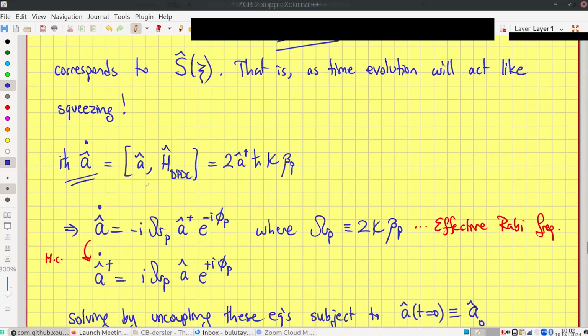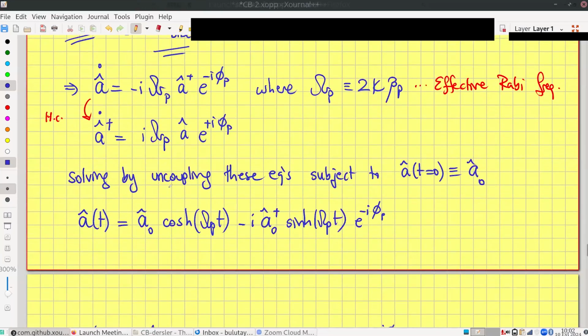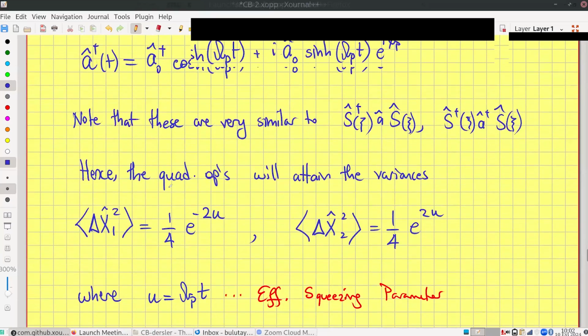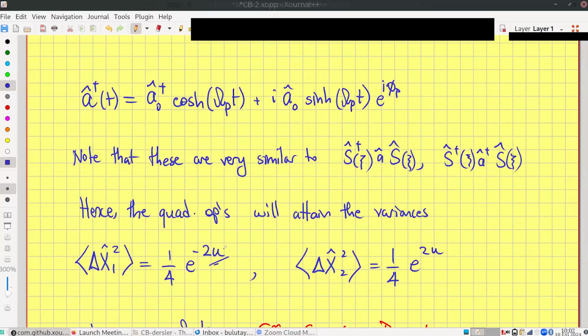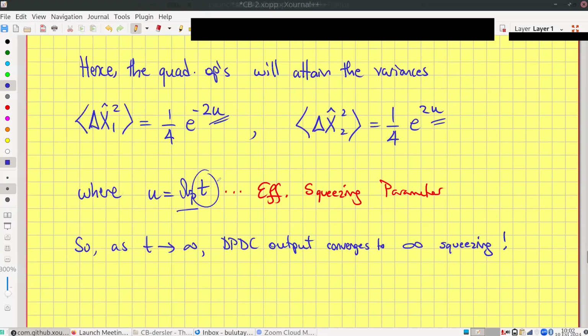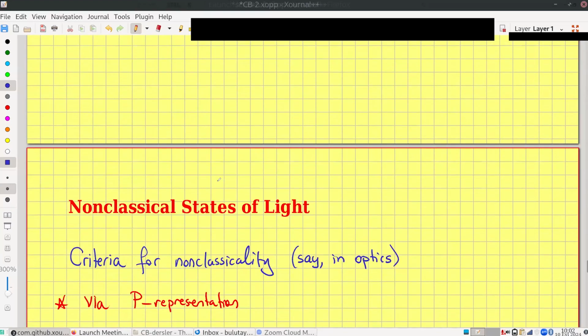Time evolution is just the commutator, and it is very easy to follow this part in the lecture notes, and you can really get these squeezing parameters. What is this U? U is just some parameter, some frequency times the time you wait for this process. So if you wait long enough, you'll get a very high squeezing. This is just one way of doing this.